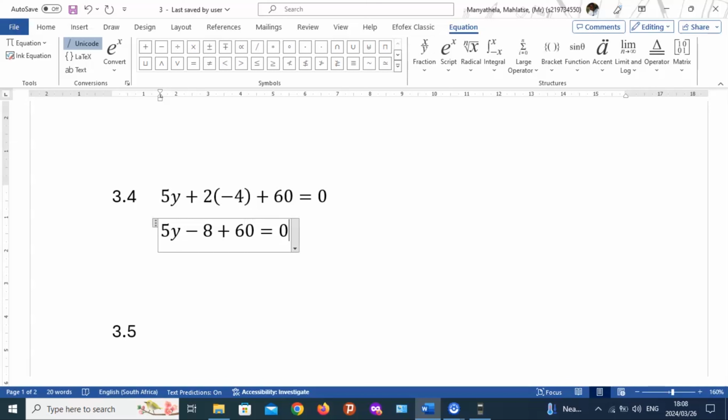And -8 + 60 is the same as 60 - 8, which gives us 52.